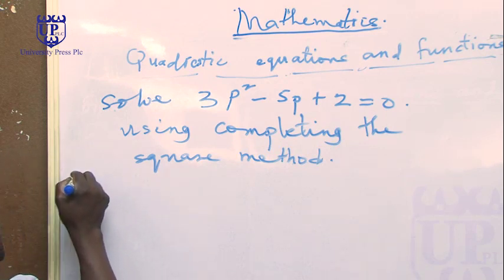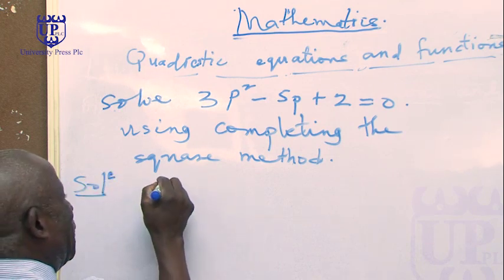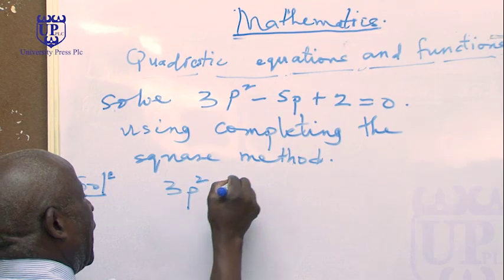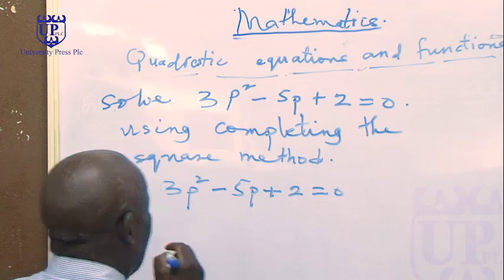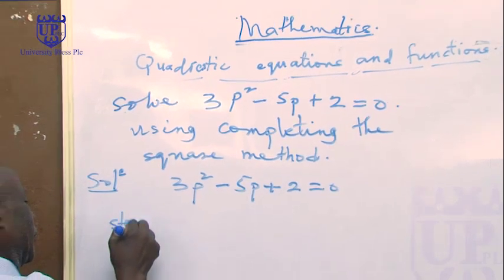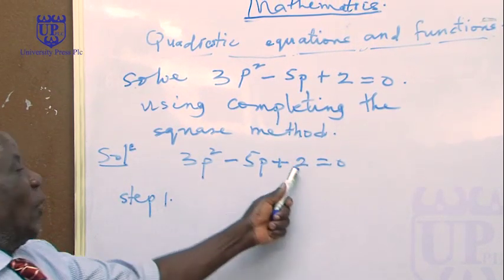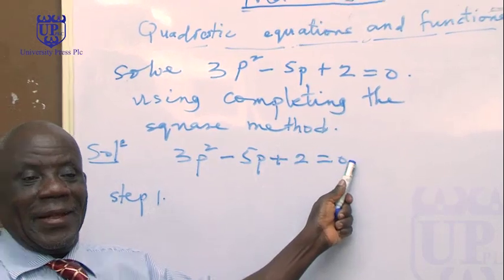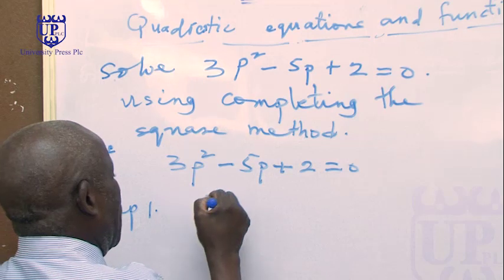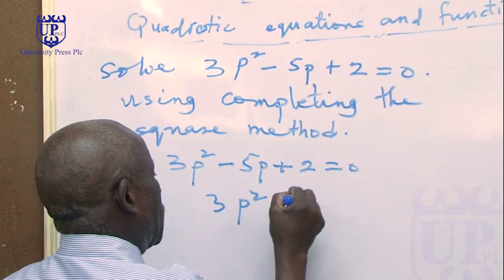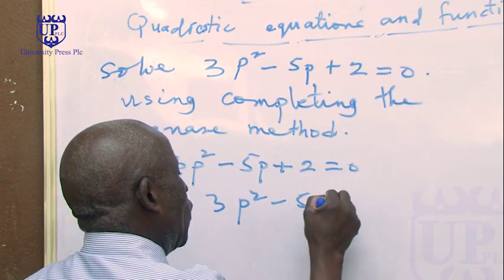Solution: 3p squared minus 5p plus 2 equals 0. Step 1: transfer the constant term to the other side. That is 3p squared minus 5p equals minus 2.